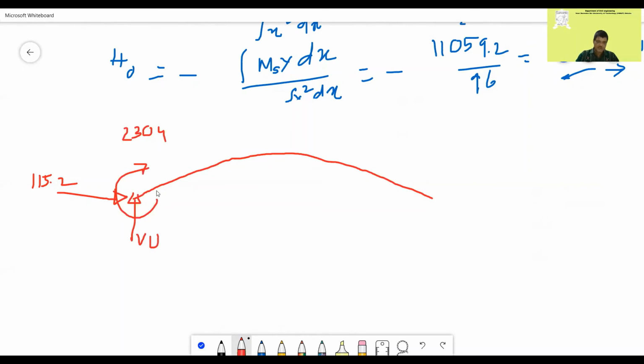So this is V0, this is M0, this is S0. V0 was positive, and that value was 215.04. So these are the reactions obtained, and we have a load here, 240 kilonewton.